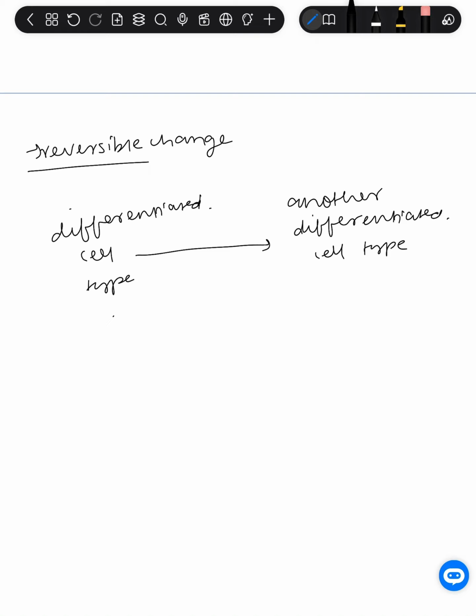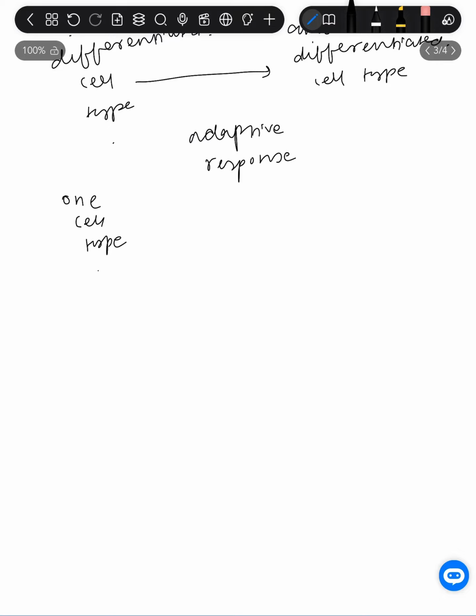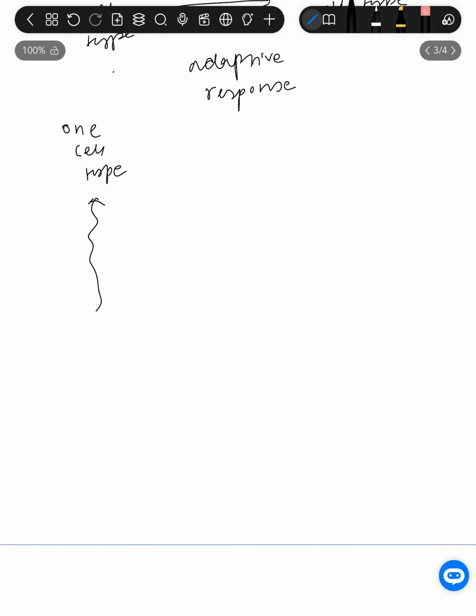The second thing is why this is happening. Metaplasia is an adaptive response. This is one cell type, and in that one cell type there is some external dangerous stimulus, some stress.